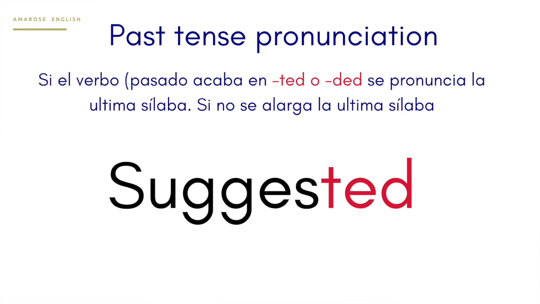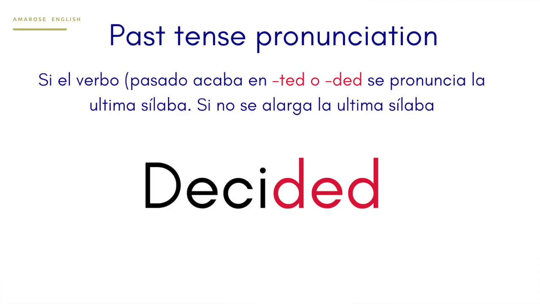Next one. How would we pronounce this word? And the correct answer is suggested. Let's go to the next one. How do we pronounce this word? And this would be decided. How do we pronounce this one?